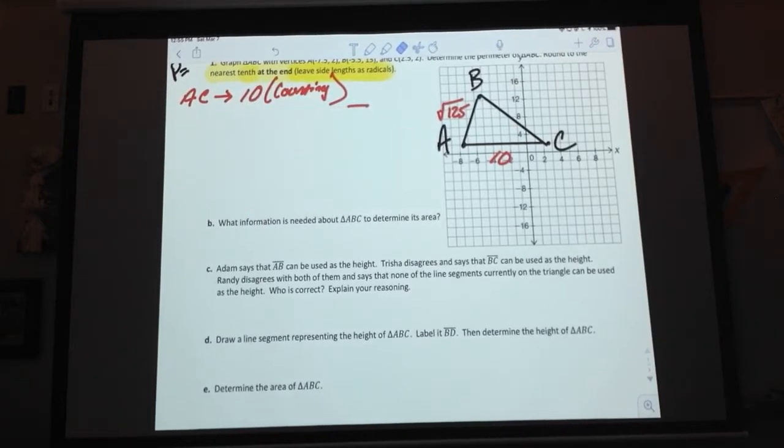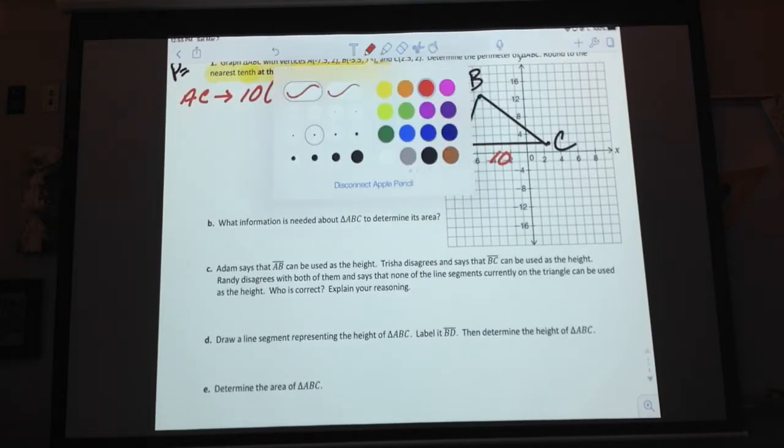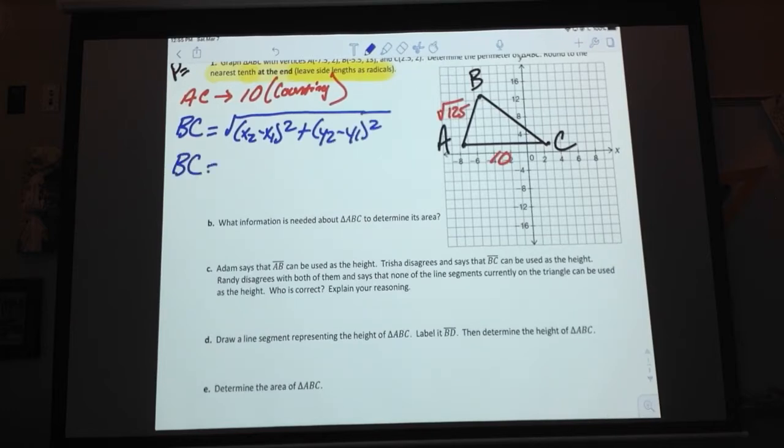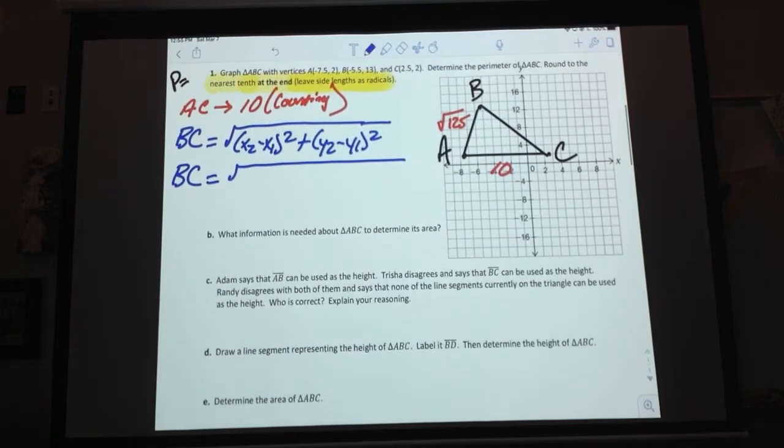Alright, so I'm going to do BC now. So B to C, once again, the square root of x2 minus x1 squared plus y2 minus y1 squared. So BC, from B to C. Well, B is at negative 5.5 and C is at 2.5.